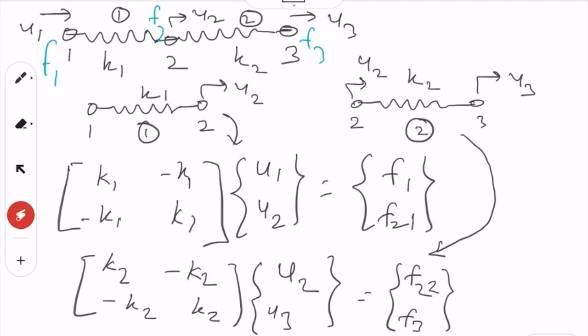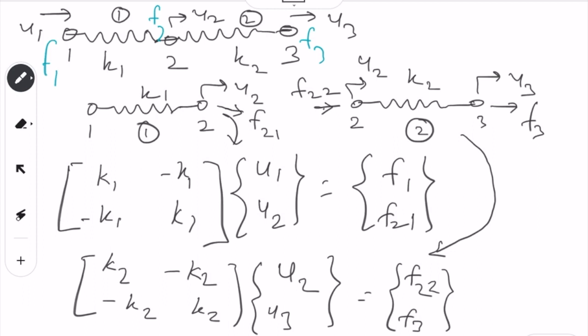Hence, we have to write differently. So we write in this case the force, let us say this is F21, and this we are calling F22, and here F3, and here it is F1.